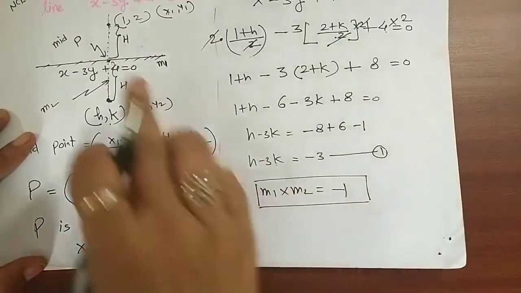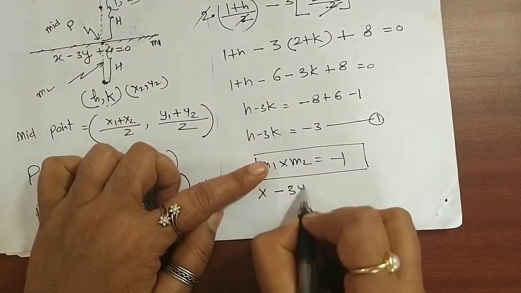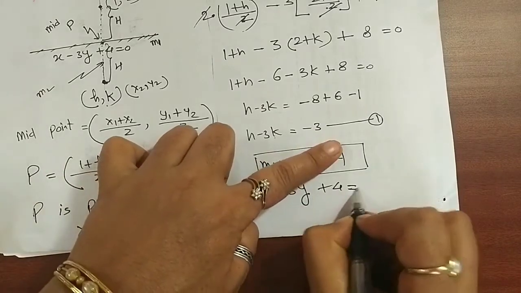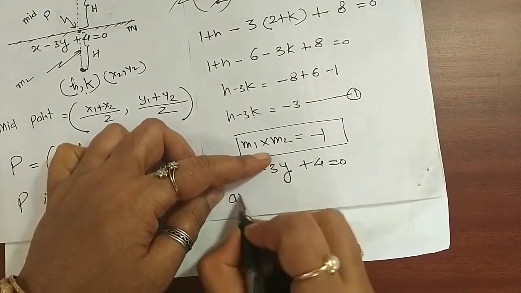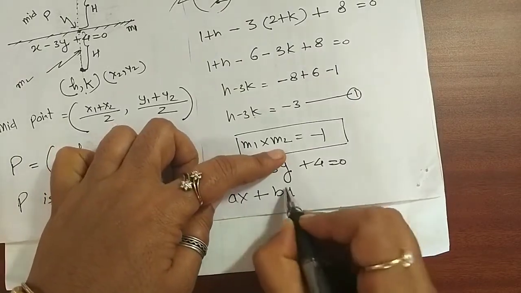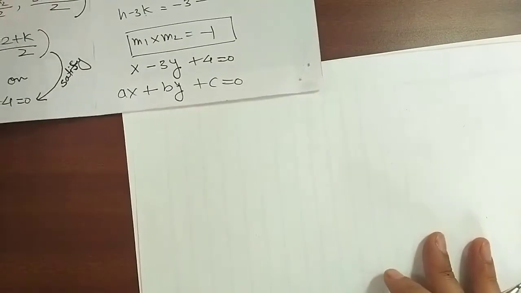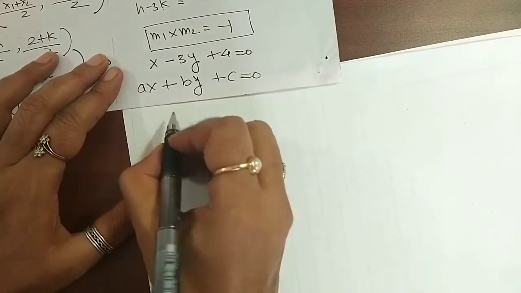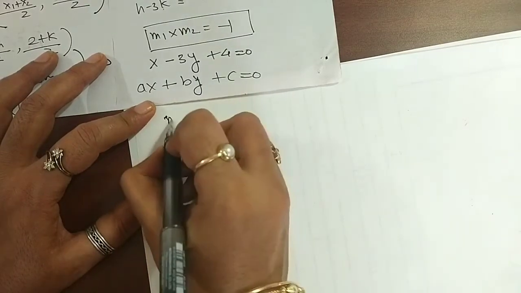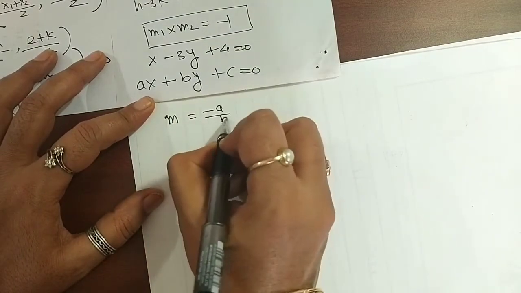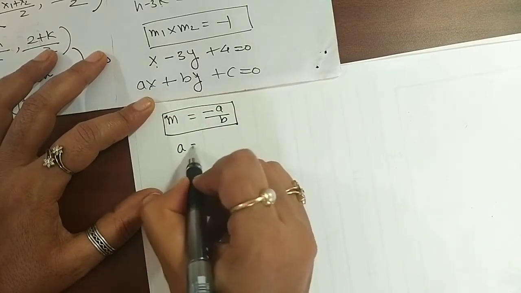So let me calculate m1 first. My equation is x minus 3y plus 4 is 0. How to extract m, guys? If I compare it with ax plus by plus c is 0, what is the slope of this line? The slope equation is actually minus a by b. Here, what is a? a is 1.